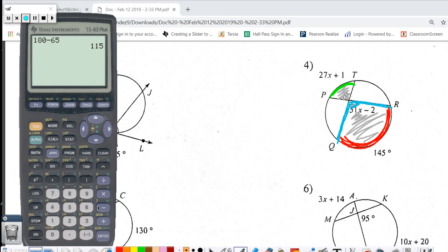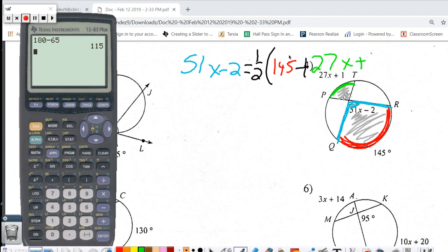And our formula says our angle, so 51x minus 2 equals 1/2 parentheses our arc, so 145 plus our second arc, which is going to be 27x plus 1.